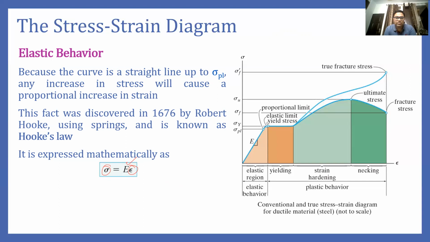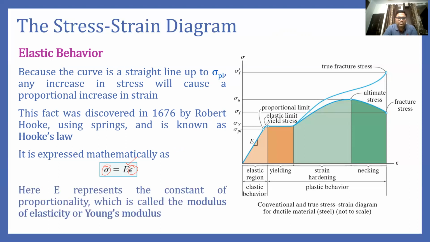It expresses the stiffness of the material. So the stiffer the material, the higher will be the value of E for that particular material. E represents the constant of proportionality, which is called the modulus of elasticity or Young's modulus.